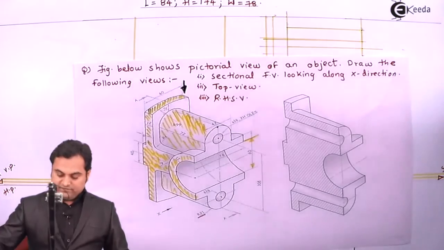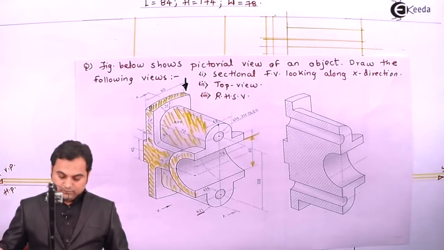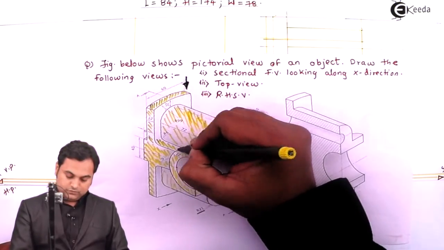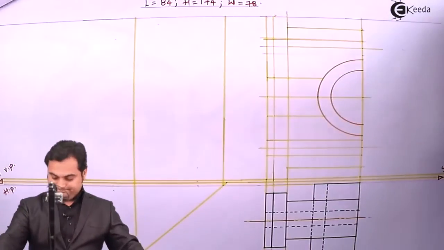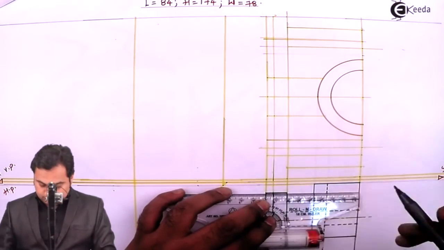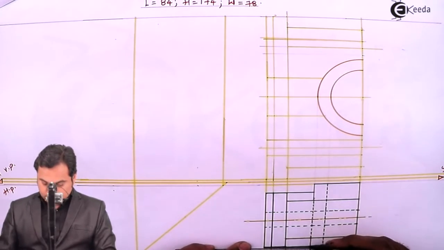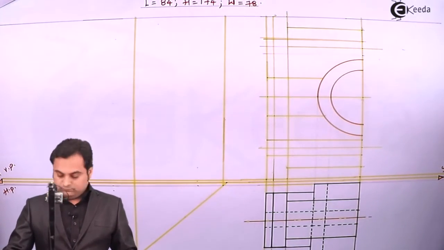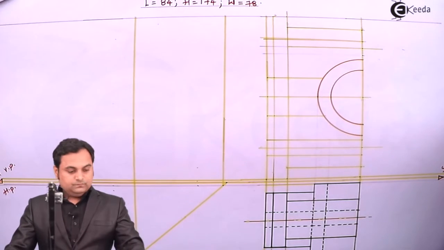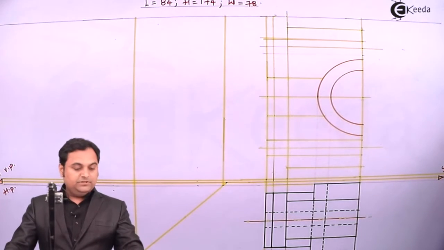Then this surface is also visible from the top on both the sides. So this is the complete top view.